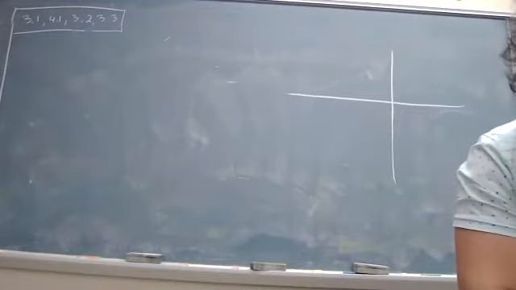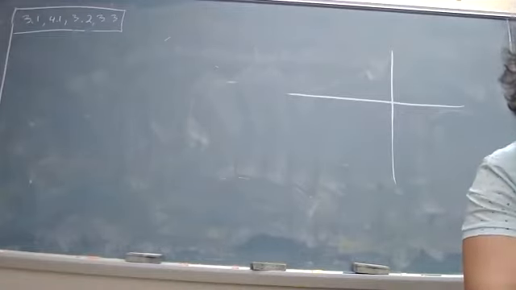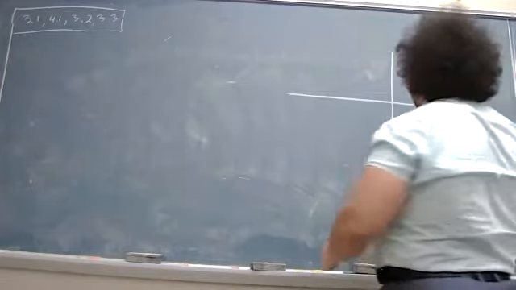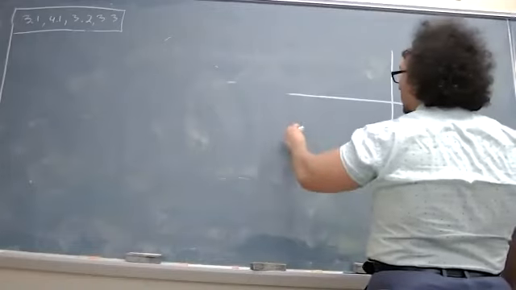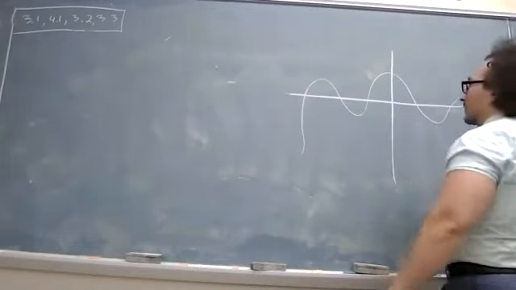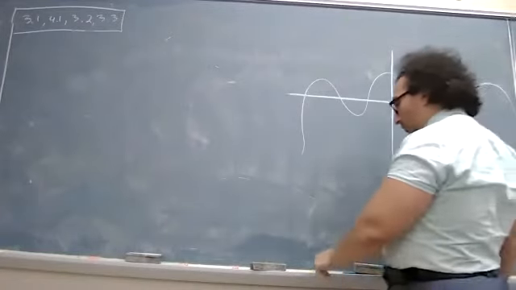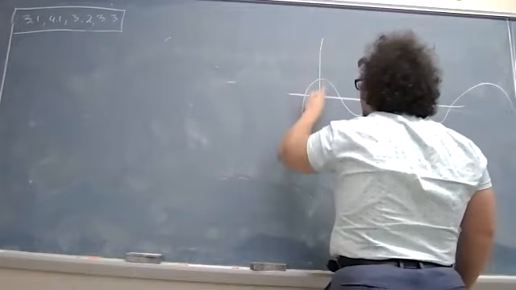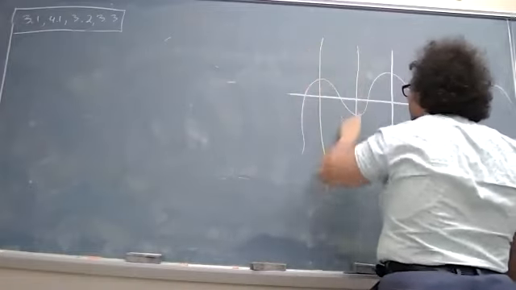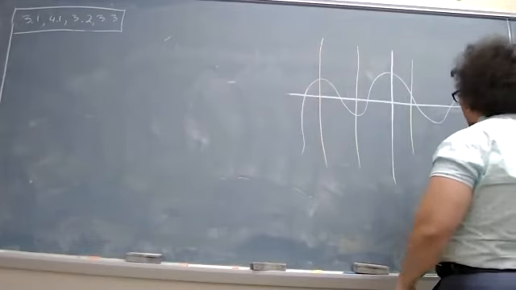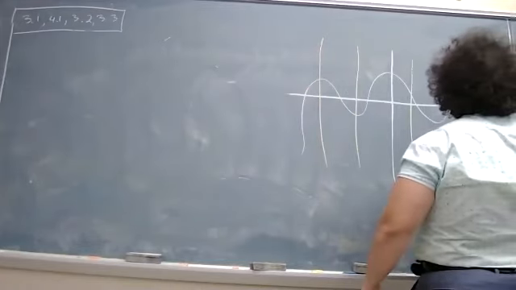It says, given some function on your graph, we will do the vertical line test. That means any vertical line I draw must intercept the graph only at one location.